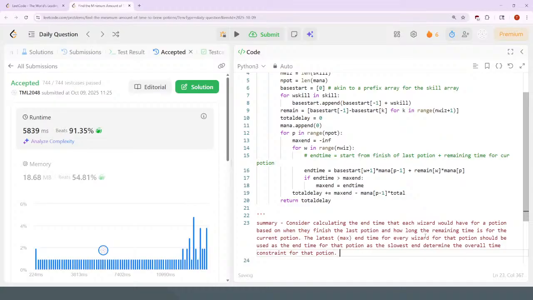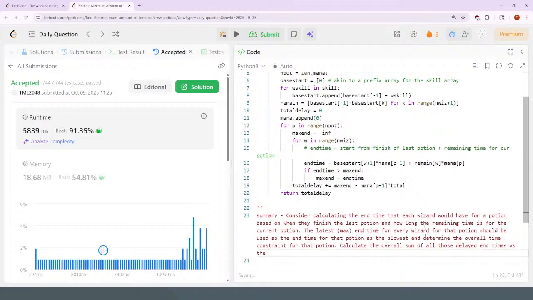And then calculate the overall sum of all those delayed end times as the total time it takes for doing all potions.